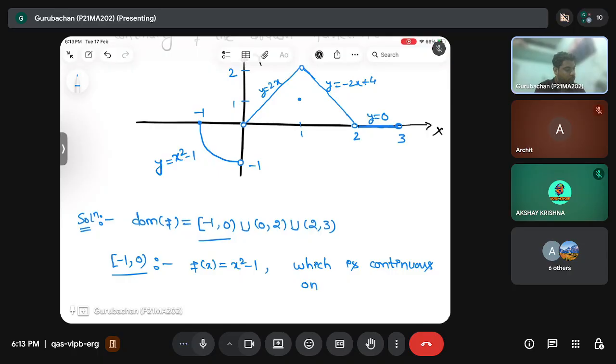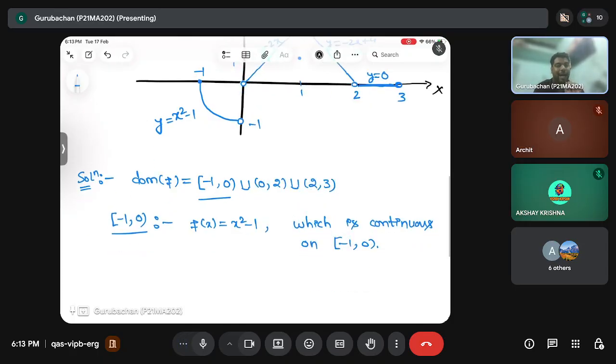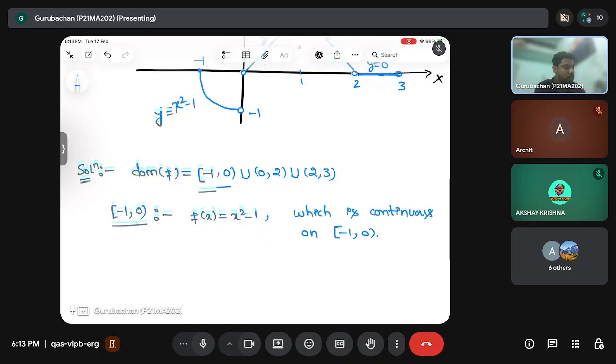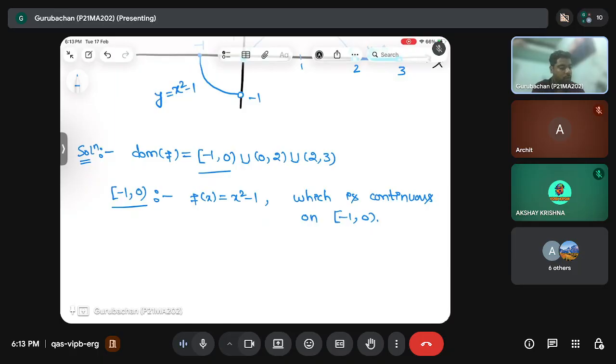On minus 1 to 0. In fact, we can say at minus 1 to 0. Why am I saying that? I am talking about the points that lie in the domain. So if you talk about x equal to minus 1, or more precisely, let me discuss here only this open interval. We will deal with this case separately. So till minus 1 and 0 it's fine, between the interval minus 1 and 0.